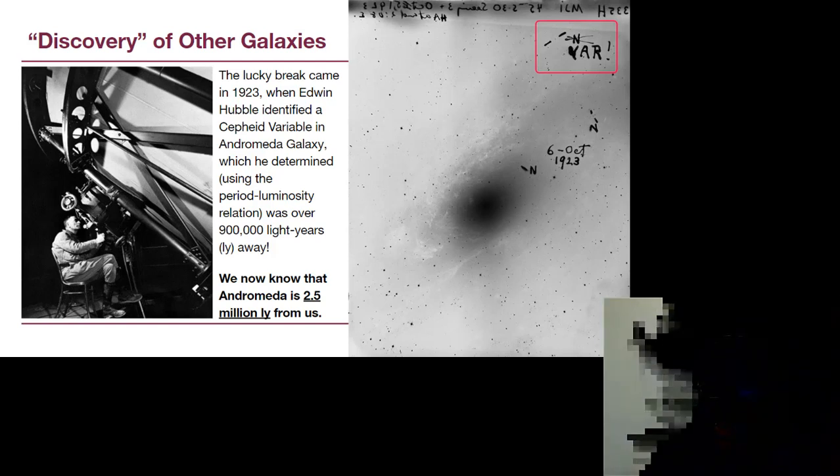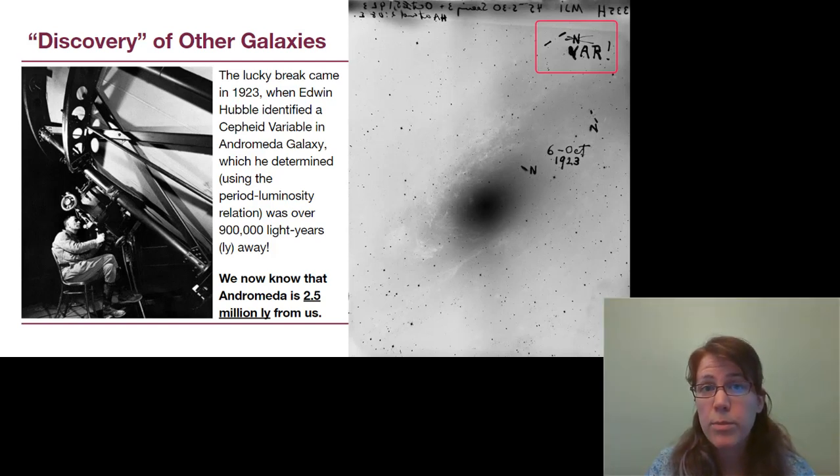A nova is a white dwarf that's in a binary system and being given some material so that it can flash fusion, a bright flash of light, and it can go through that process multiple times because the binary might still be throwing material onto it.